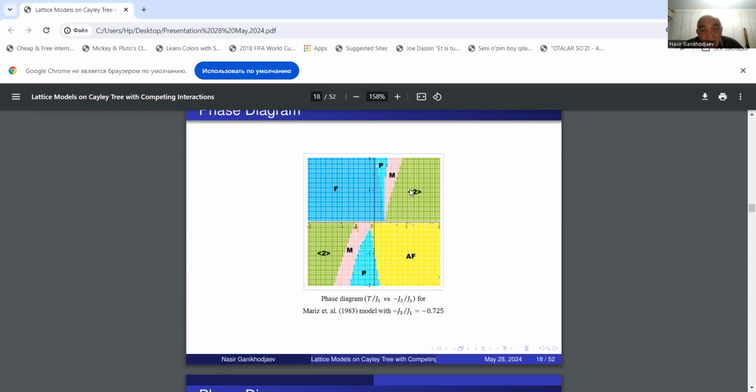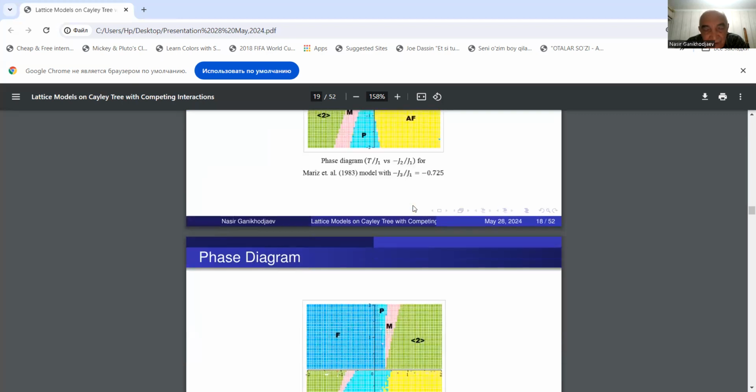So for each point, we can compute G1 over T and G2 over 2T. And for a fixed ratio, also we can compute G3 over 2T. And after this, we investigate the corresponding phase diagram for this fixed point.